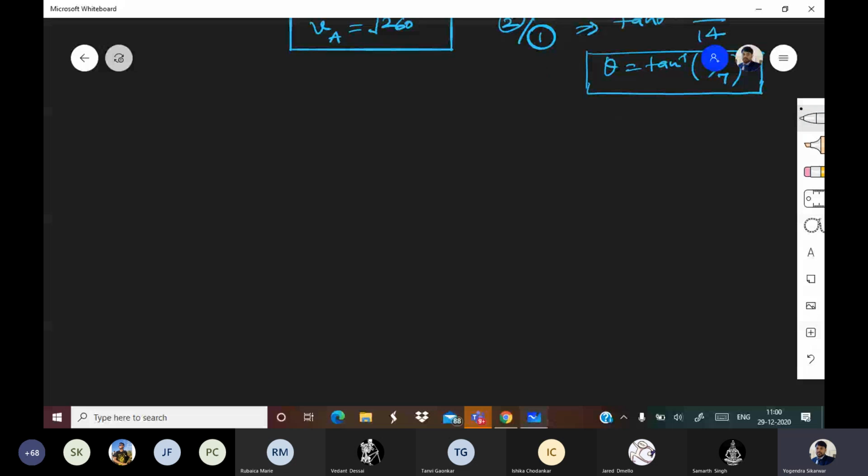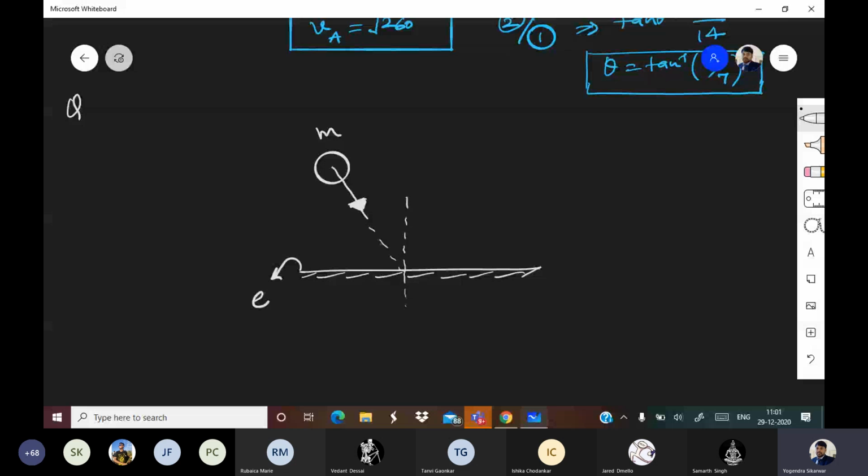I hope you all have noted. This question says, this is ground, this is a ball, and this is M. This is ground with E. This angle is given as theta.